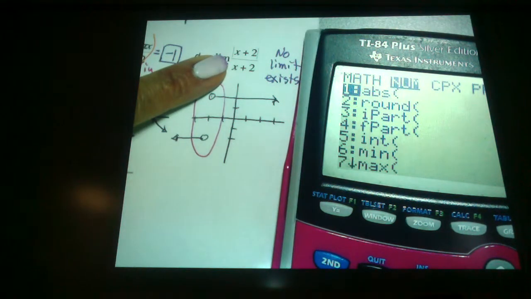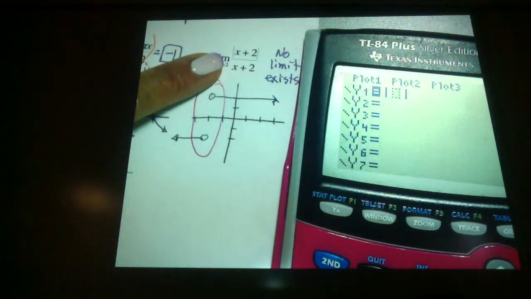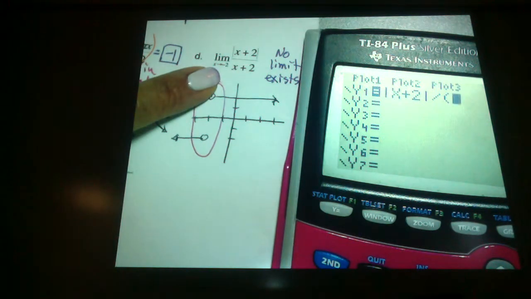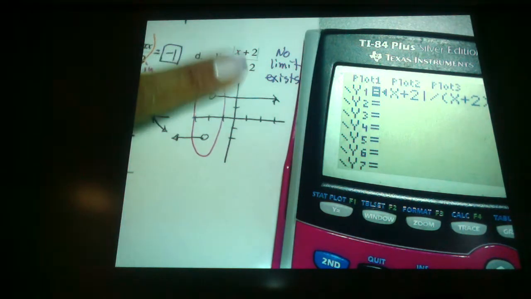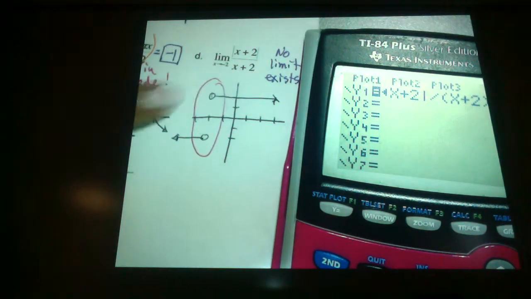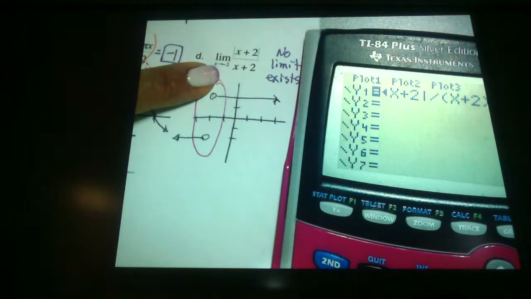Number, right? So hit enter, and then you get x plus 2 in there. And then go outside of that, divided by, you need to use parentheses, x plus 2. Do those cancel each other out? Nope. And notice that our limit is approaching negative 2, because what does negative 2 do to the denominator? It makes 0, right? Now hit graph.